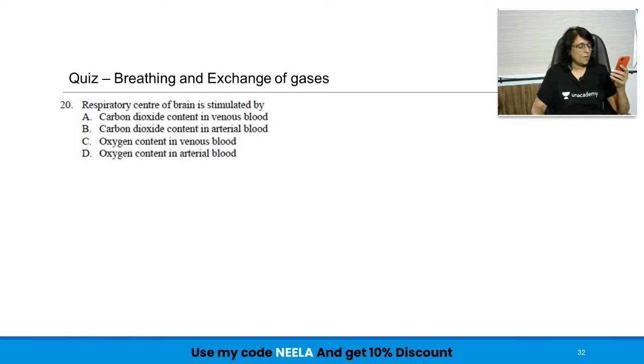Rajni is saying B. Kavipriya is also saying B. Anju is also saying B. What about others? B.